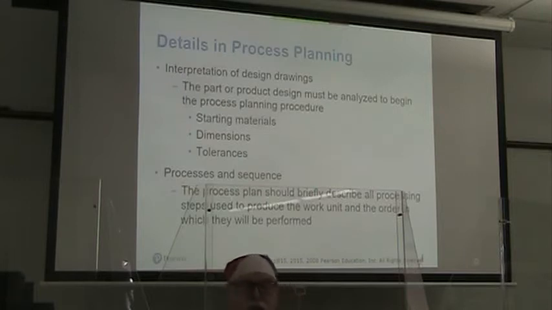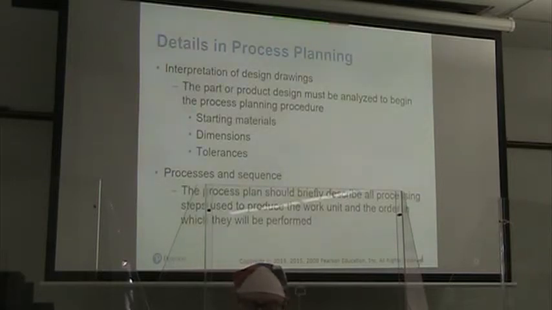All right. So the details when we're talking about process planning, first of all, we have to interpret the design drawings. We have to take the part or the product design and analyze that to begin the process planning procedure. So we have to understand what are the starting materials, what are the dimensions, and what are the tolerances.